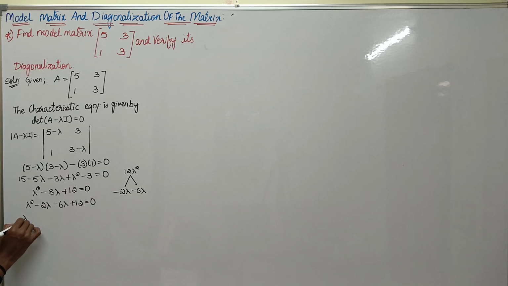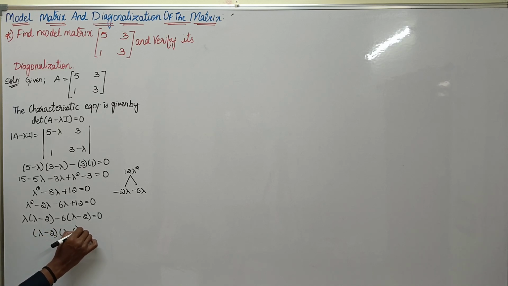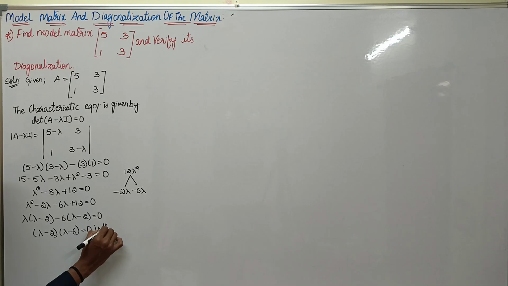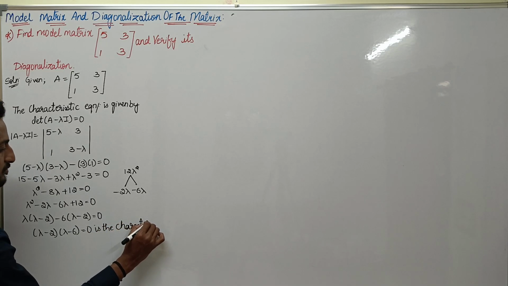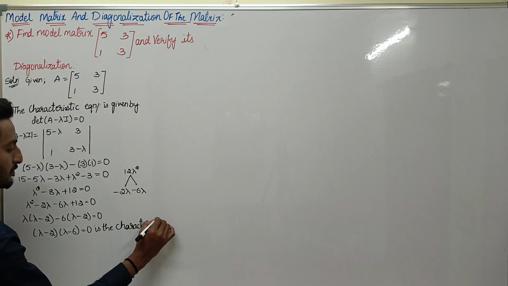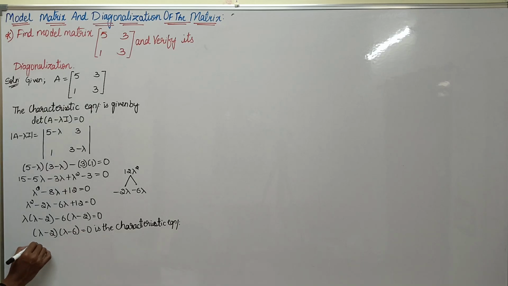Take the common terms: lambda into lambda minus 2, minus 6 into lambda minus 2, equal to 0. Where lambda minus 2 into lambda minus 6 equal to 0 is the characteristic equation of the given matrix.